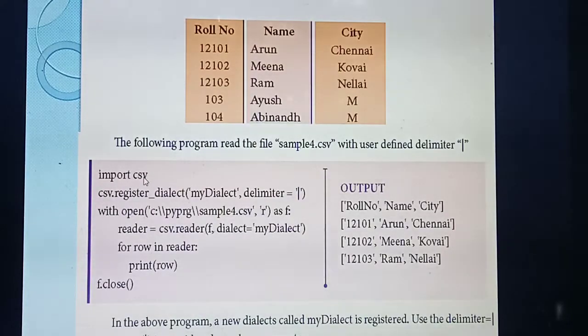What's the first step? Import csv. Then what's the second step? Register with csv.register_dialect. If there is a pipe symbol, single quotes, double quotes or anything, you should register it under a dialect. So csv.register_dialect, my dialect. Here there is no need to skip the initial space or the quotes.